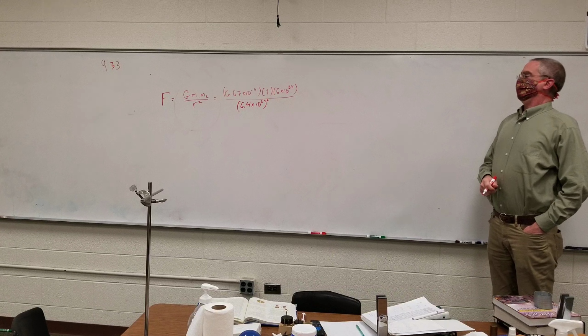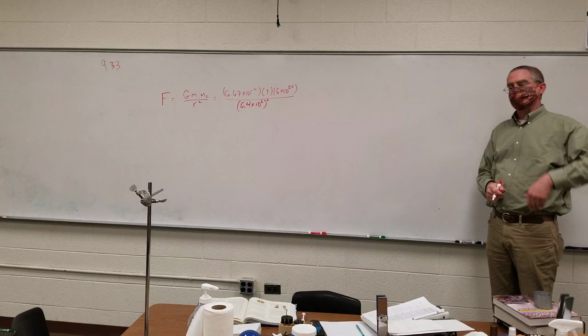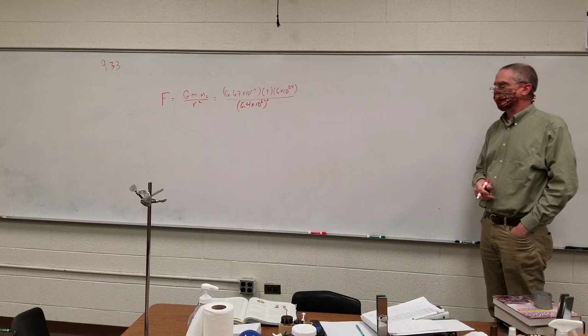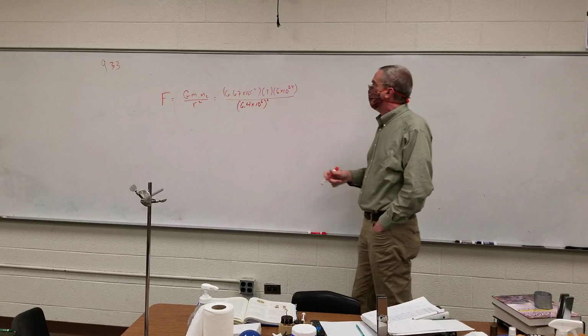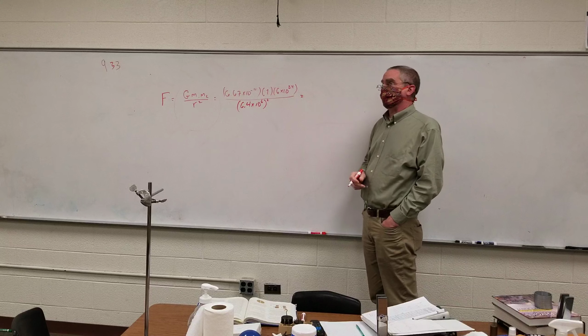I guess as the 1 kilogram object started reaching out, 100 kilometers into space, then the size of the object might make a difference. So that's the setup right there. The rest is a calculator exercise.